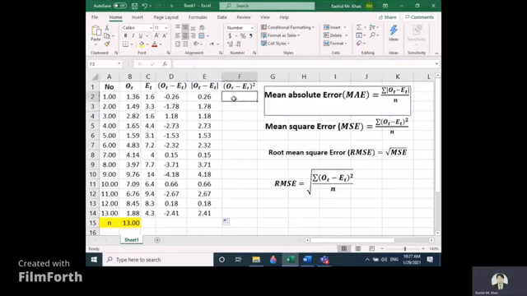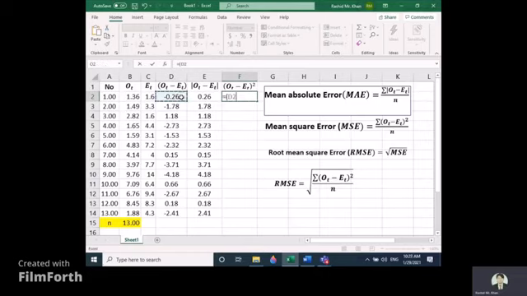Next we need the square for the mean square error, that's the observed minus expected difference, squared. So I put equal and a bracket, and now we need to square the observed values minus expected values at each specific time.